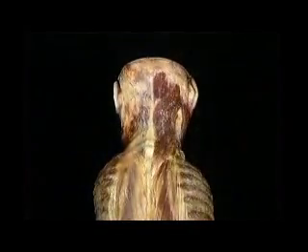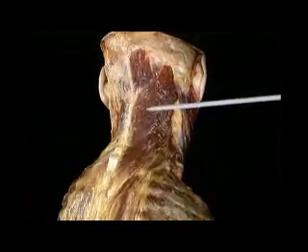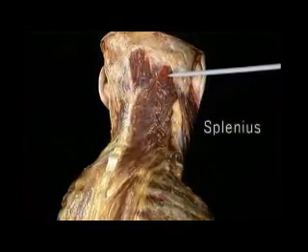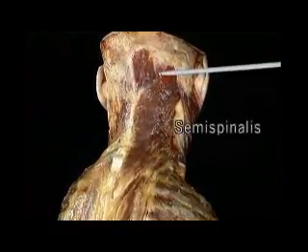Above the erector spinae muscles and overlapping with them are the long muscles of the back of the neck, which we'll look at just briefly at this point. They're the obliquely running splenius and longissimus muscles, and beneath them the vertically running semispinalis.